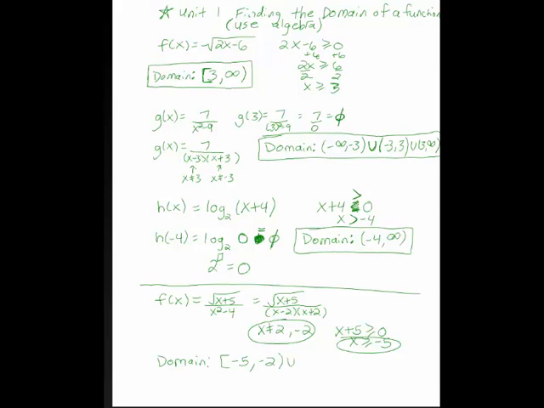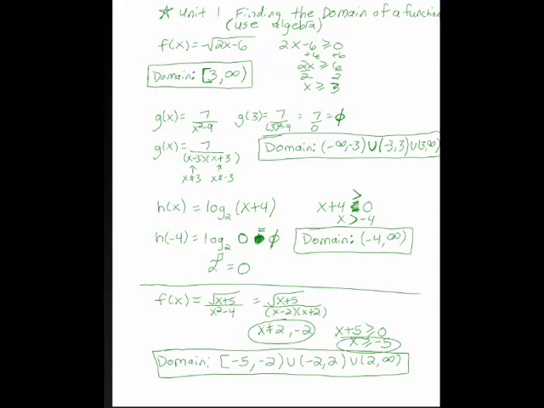Parenthesis on that -2 because I'm not allowed to plug in -2. Then I can go -2 up to 2. Again, parenthesis on the 2 because I'm not allowed to plug in 2. But now I can plug in anything bigger than -5 as long as it's not 2 and -2. So I can also plug in everything from 2 up until as big as I want, so I'll do 2 comma infinity.